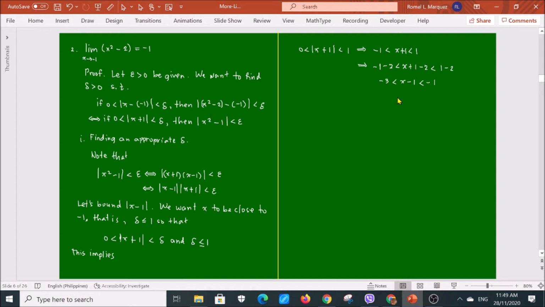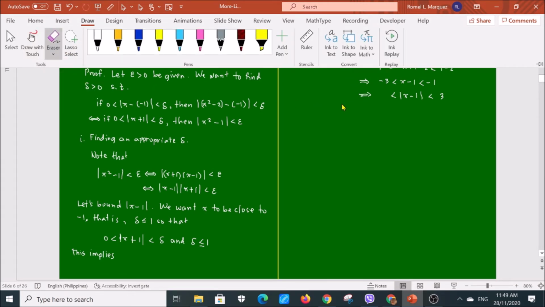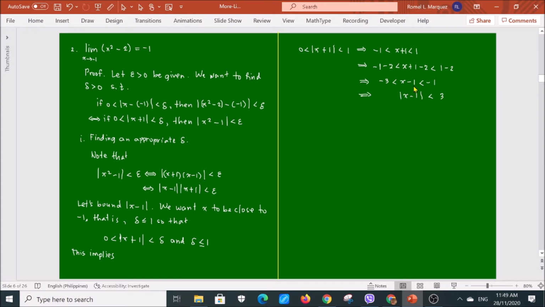But this is equivalent to the absolute value of x minus 1 is less than 3. In inequality, if I take the absolute value of this, it is less than 3.